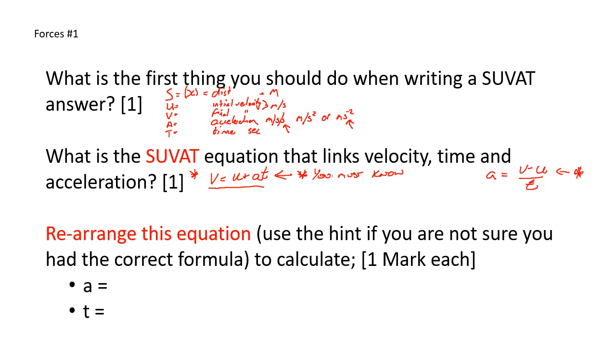Now, the other 2 SUVAT equations are always given to you on the equation sheet. Now, they can be in different formats, so they're just rearrangements. So, occasionally you'll have V squared equals U squared plus 2AS, or it could be V squared minus U squared equals 2AS. Now, all they are is a rearrangement of each other.